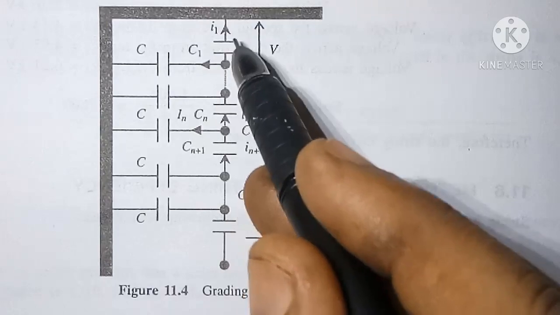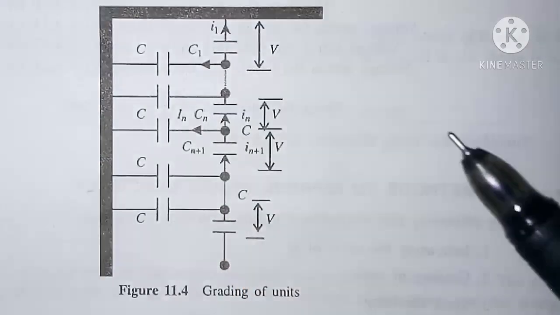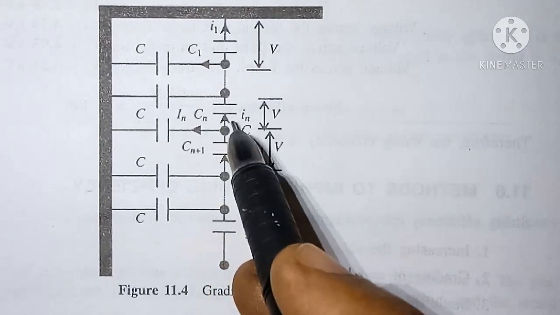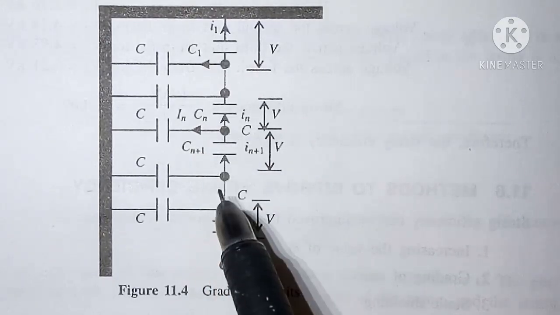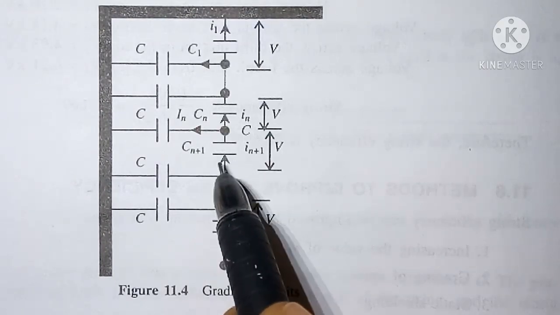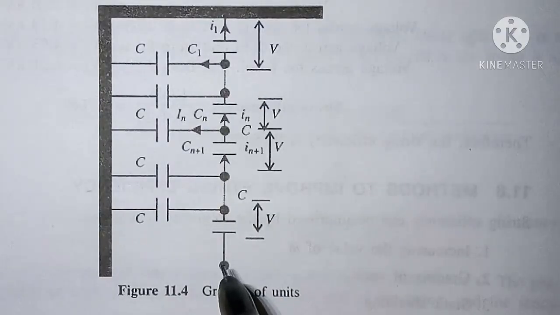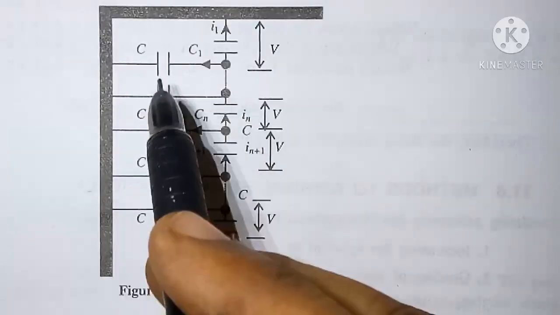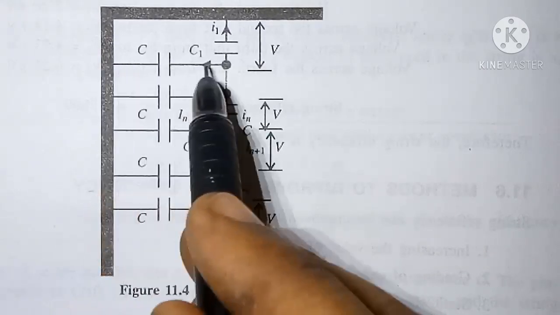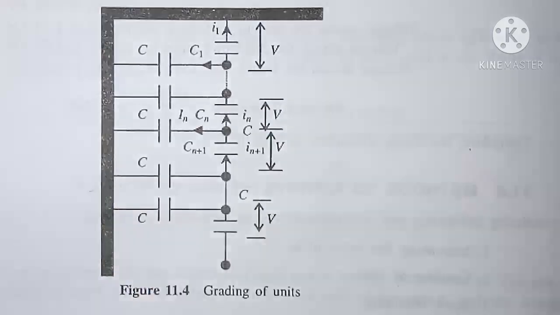Here the capacitance of first unit is C1, capacitance of second unit is C2, and so on. Capacitance of the nth unit is Cn, and capacitance of n plus 1th unit is Cn plus 1. Whereas the capacitance between the cross arm and the metal pin is capital C.